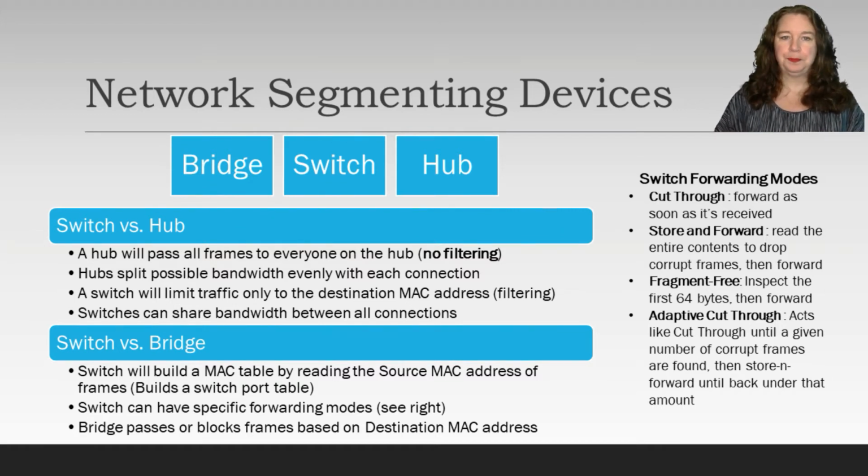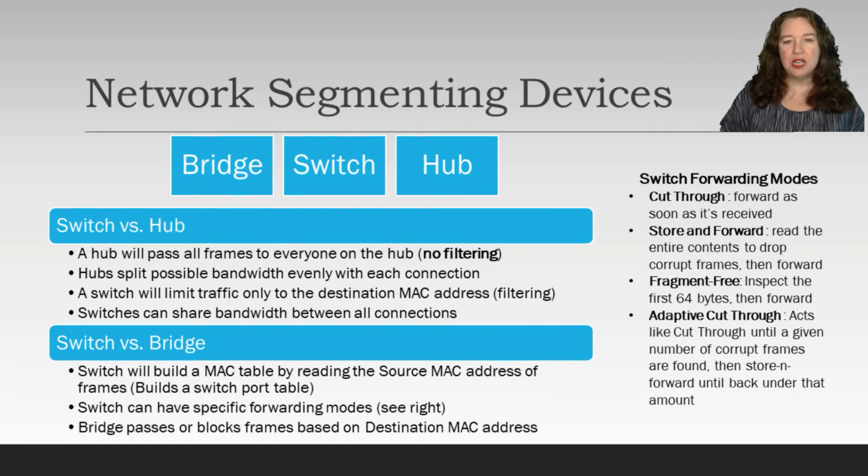Switches versus hubs. Switches versus bridges. Okay, bridges in general are not used as much anymore because we can use switches. Bridges and switches both filter, and they filter based on MAC addresses. So bridges based on MAC addresses, switches based on MAC addresses.